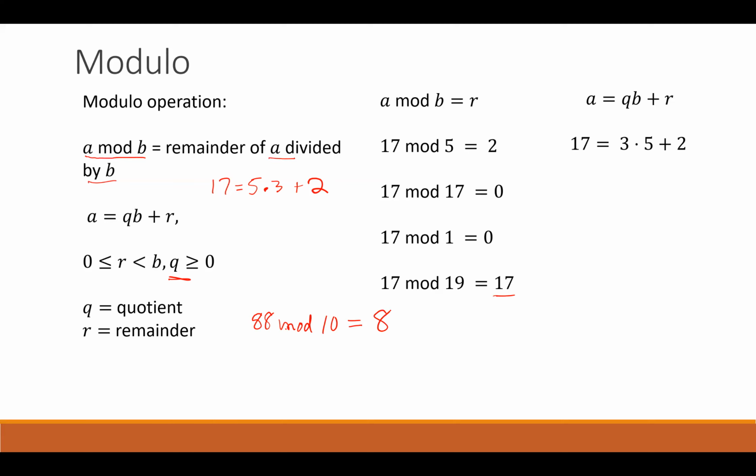And Q would be 8 in this case. R would be 8. A is 88, and B is 10. And none of them are prime. Yes, of course. Every number can be written as a prime number, or sorry, a product of primes.